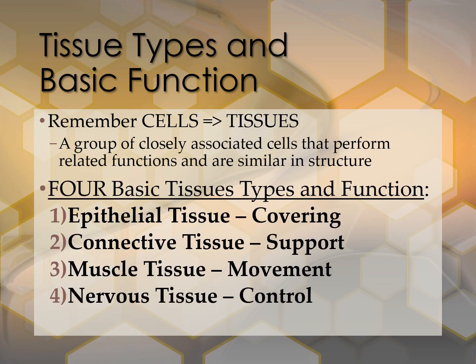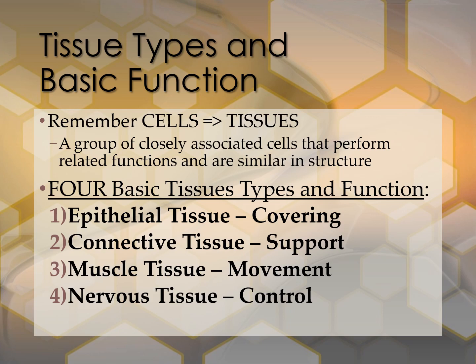And we have 4 basic tissue types and functions. So we're going to cover all 4 of these tissues in this lecture, but we're going to focus a lot more on epithelial and connective tissue, because when we get to the muscles and the nervous system, we're going to cover muscle tissue and the nervous tissue in a lot more detail.